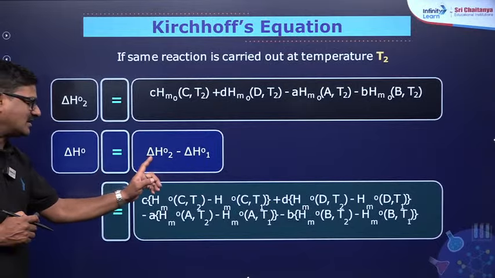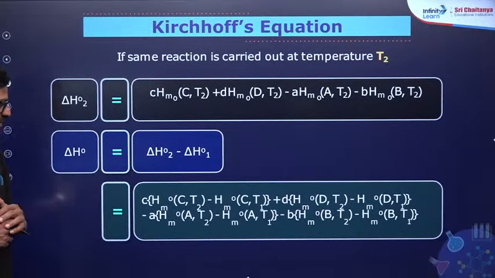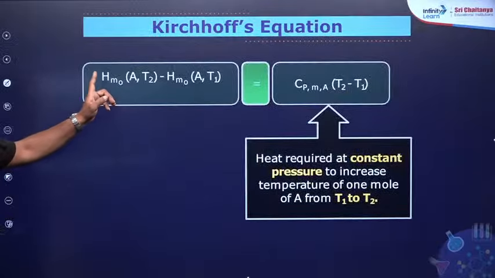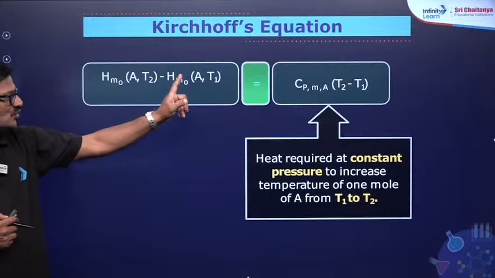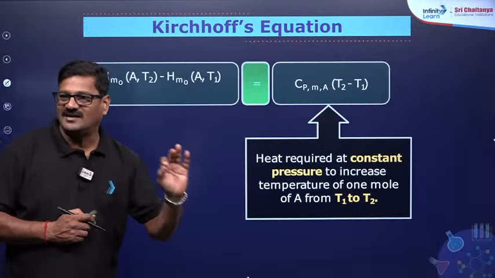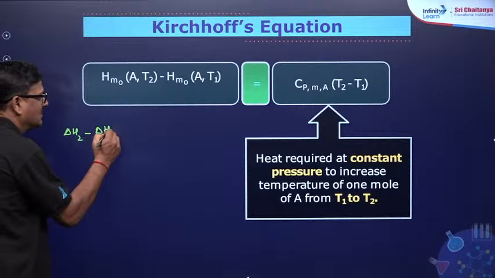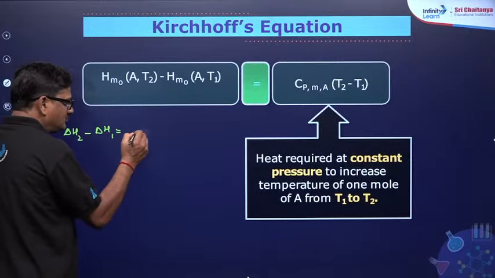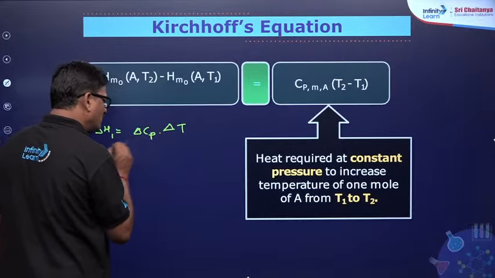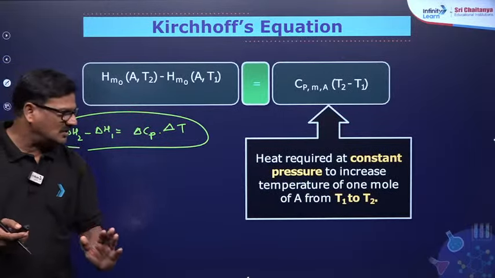Delta H2 minus delta H1 is equal to delta Cp delta T. So you can directly use this and you can measure at T2 minus T1 is equal to delta T.